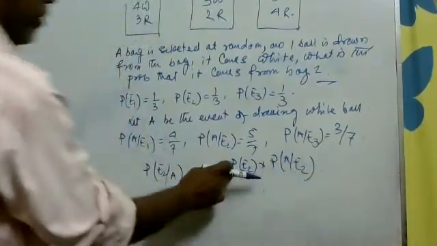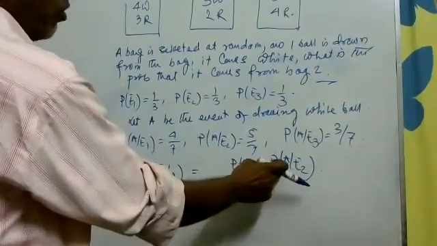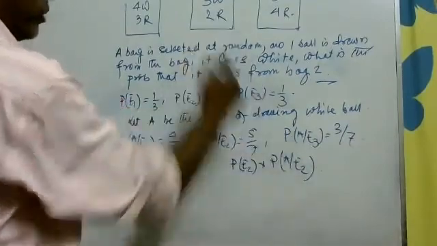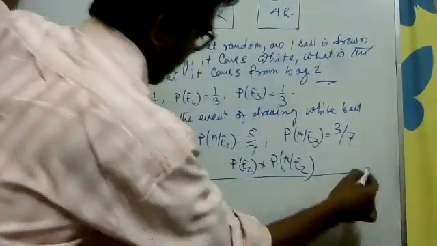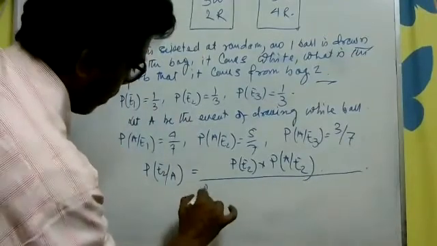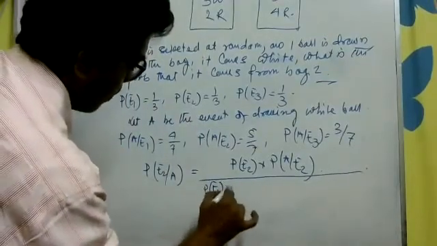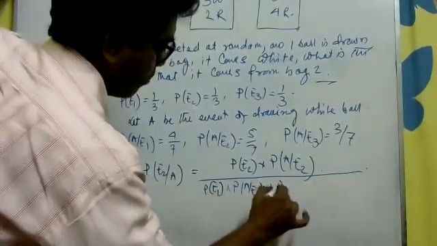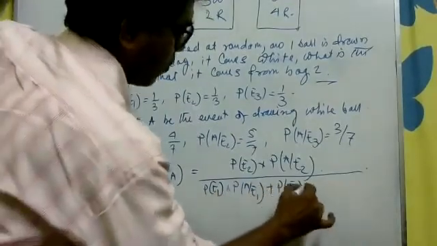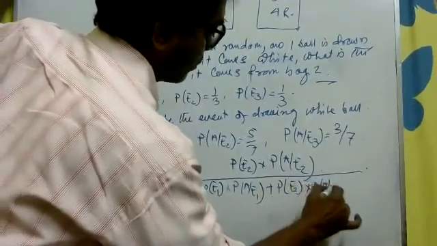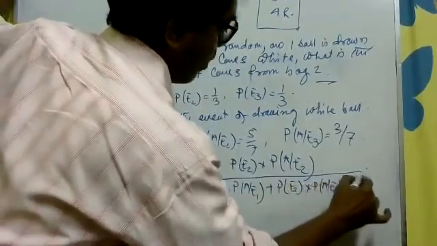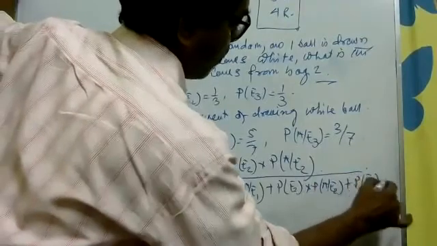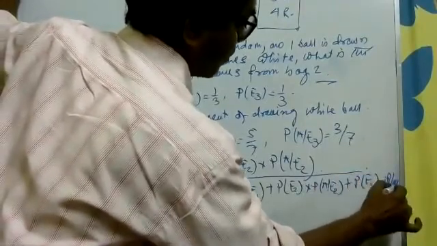I have to select bag 2 and I have to select one white ball from bag 2. That is your favorable case, divided by total. Probability of E1 into probability of A by E1 plus probability of E2 into probability of A by E2 plus probability of E3 into probability of A by E3.